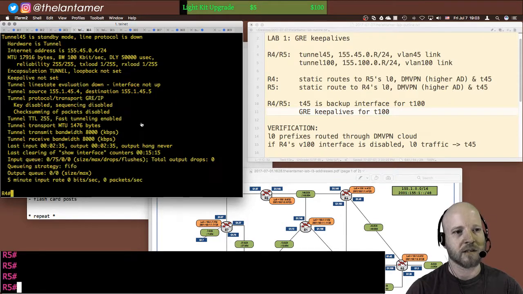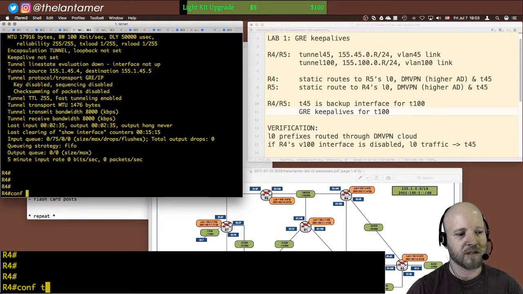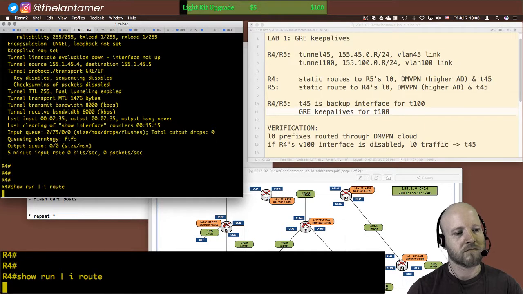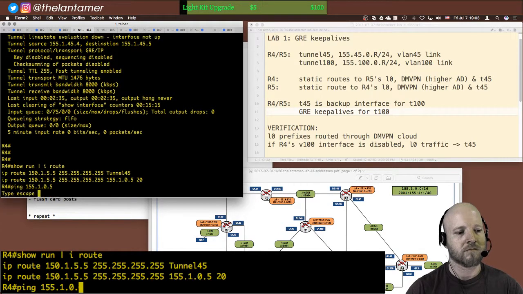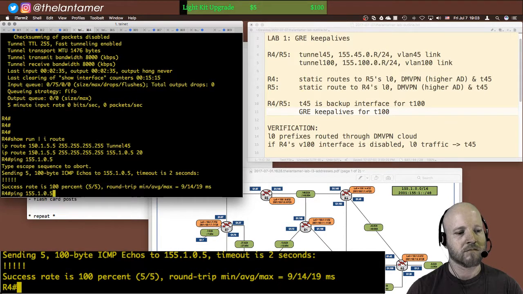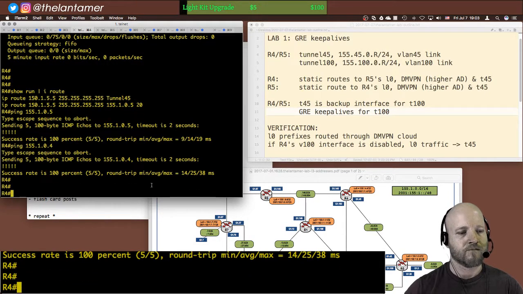See, it's the way I would think this should be done. This link is up. Why is this not in the routing table?